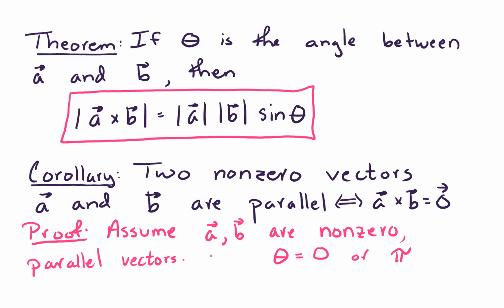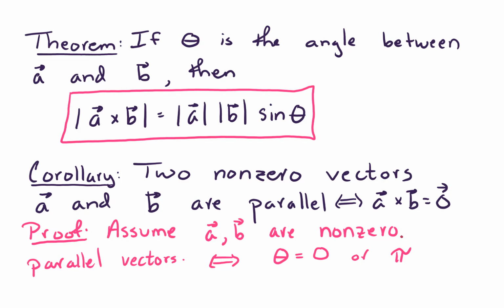This is equivalent. So if they're non-zero parallel vectors, or they're parallel, that certainly forces theta to be 0 or pi, or equivalently if theta is 0 or pi, that's equivalent to them being parallel.